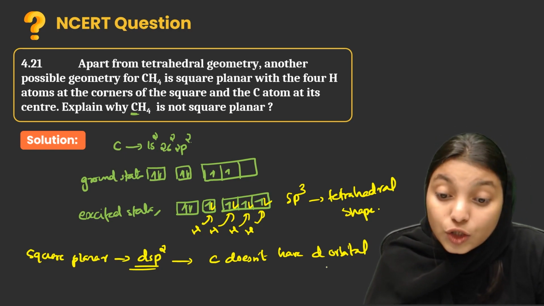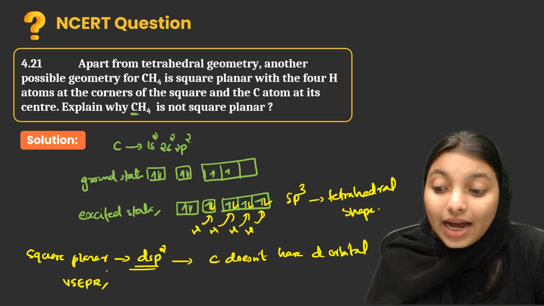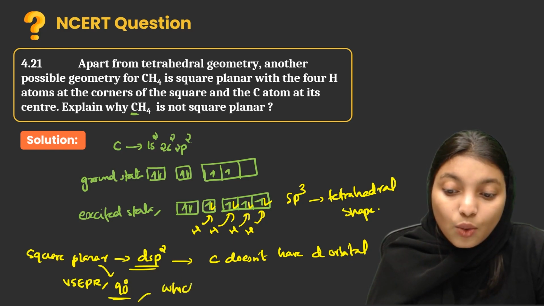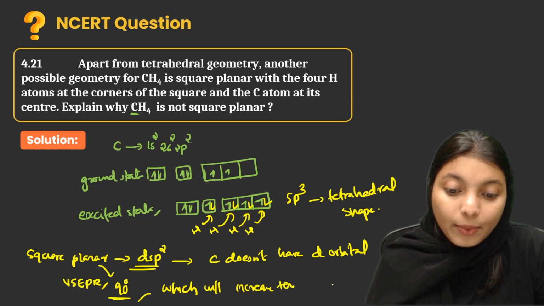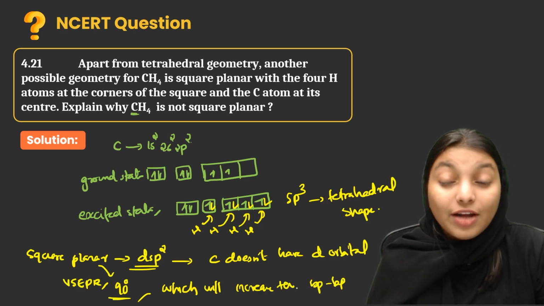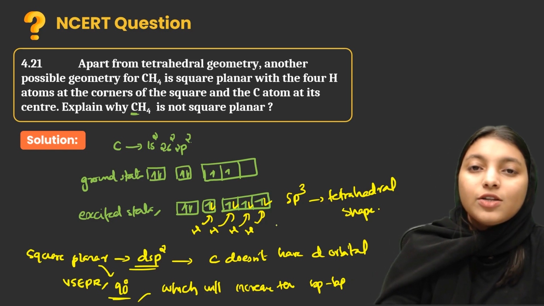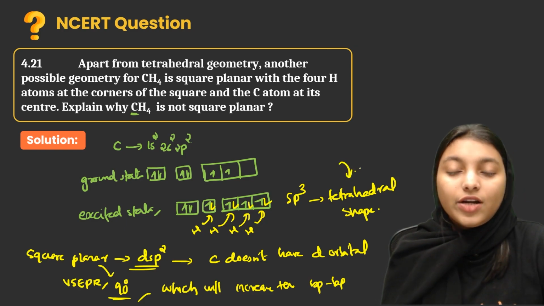Okay, and also according to VSEPR theory, the bond angle for square planar is 90 degrees, which will increase the bond pair repulsion of those 4 bonds. That also will not suit the square planar structure of CH4, and its stability will be more in tetrahedral shape.